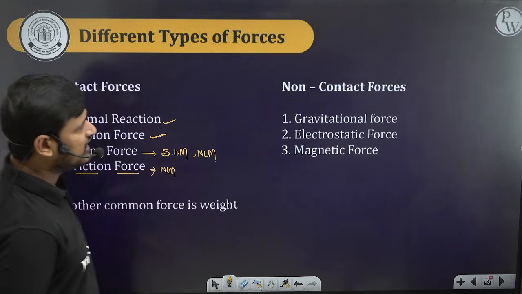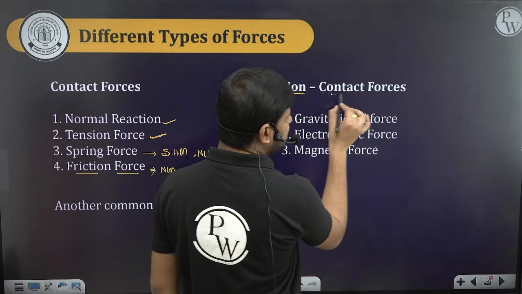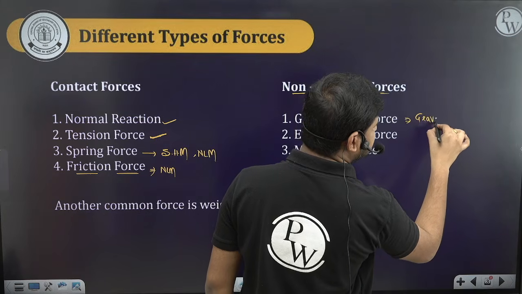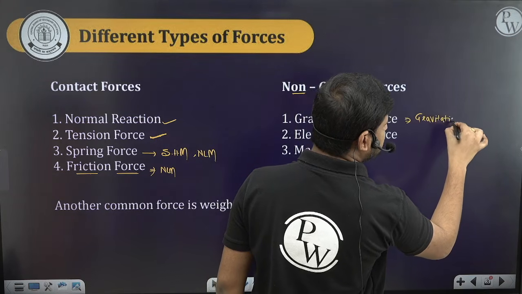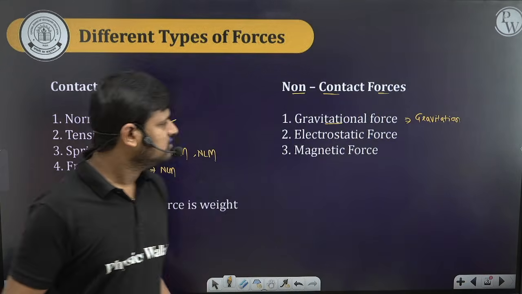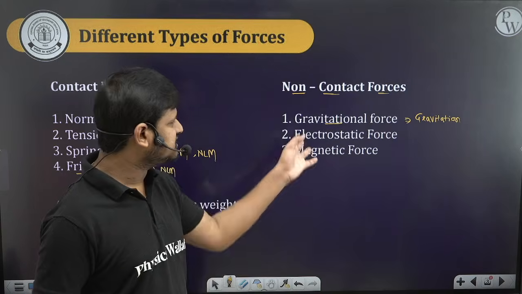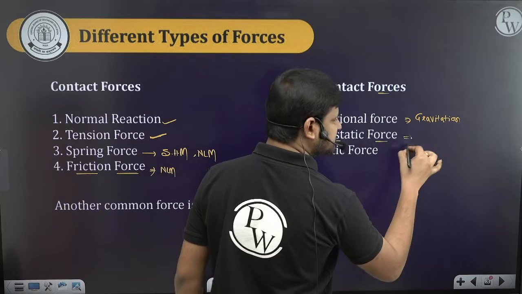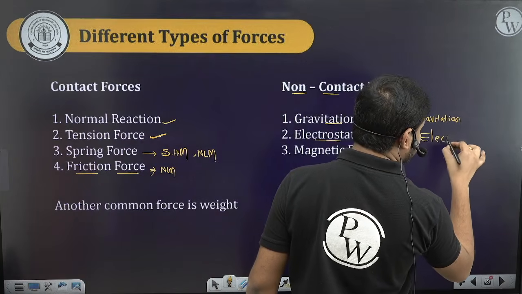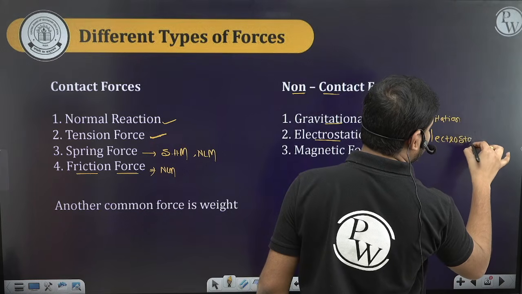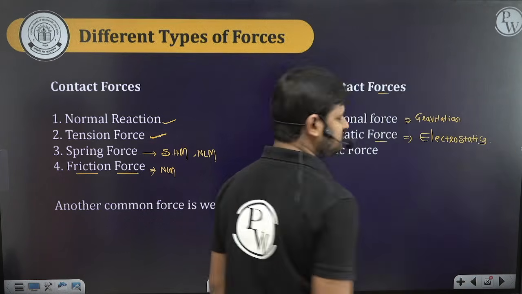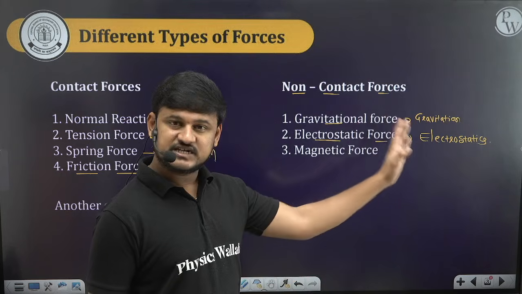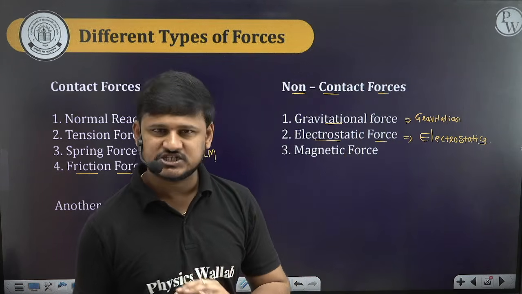Coming to the non-contact forces in our syllabus, we have the gravitational force, which we'll study as a separate chapter, gravitation, which I am going to teach after work, energy, power. Then the electrostatic force, which you will study in class 12, the first topic, electrostatics, where there will be 2 chapters: first electric charges and fields, then electric potential and capacitance.